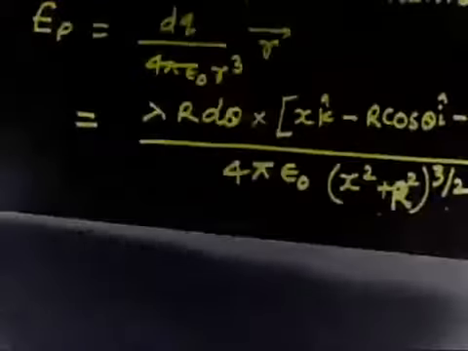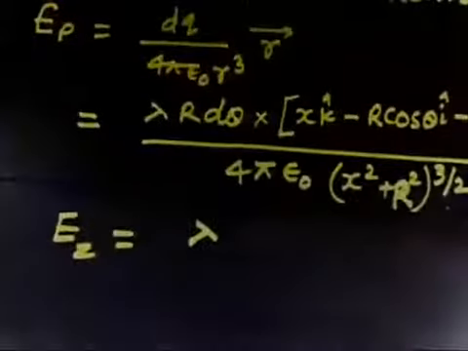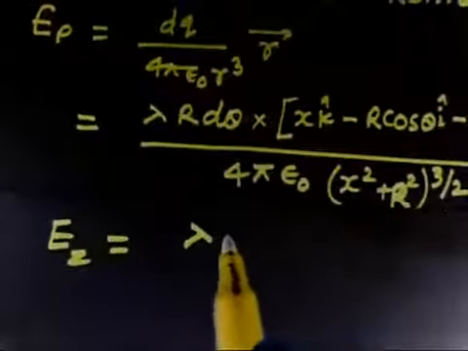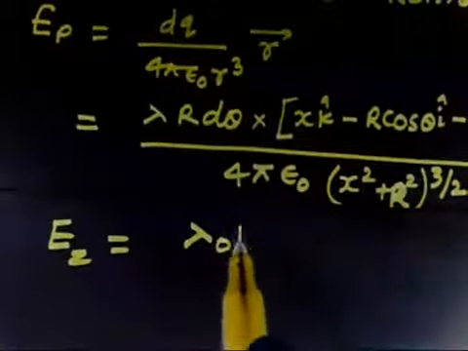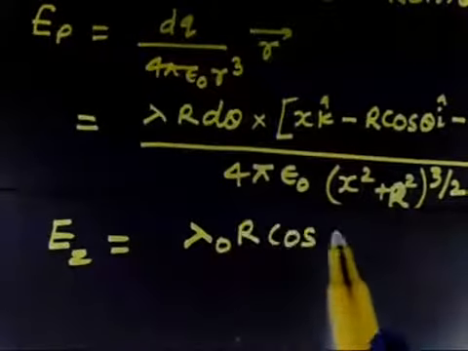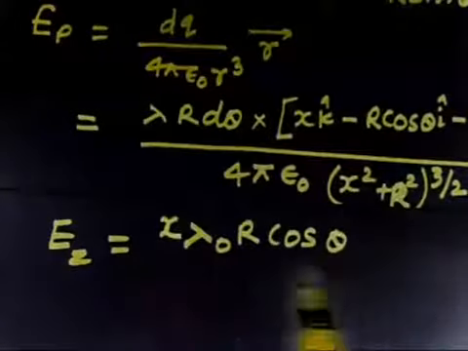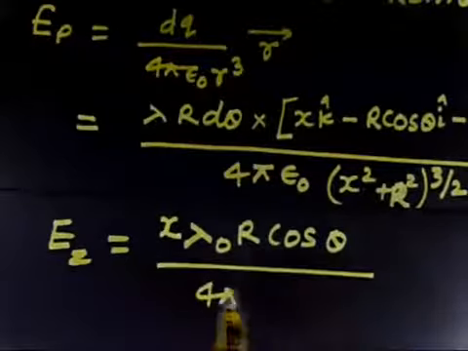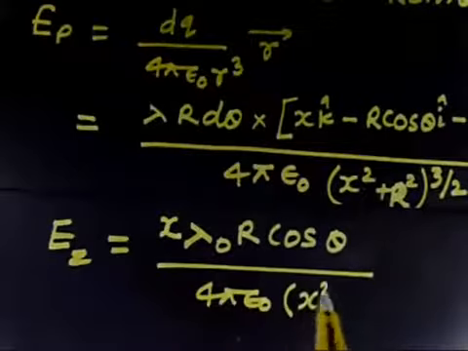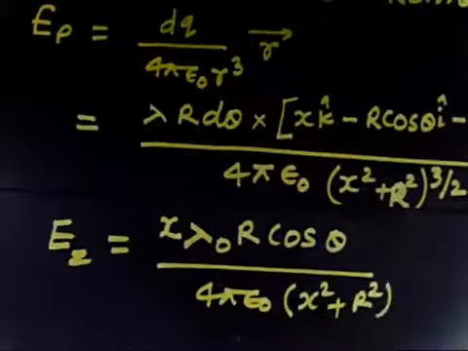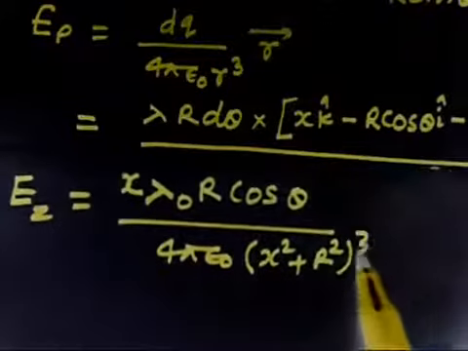So if I plug the value of lambda naught, I have Ez as lambda naught cos theta, so r cos theta into x, divided by 4 pi epsilon naught, x square plus r square raised to the power 3 by 2.